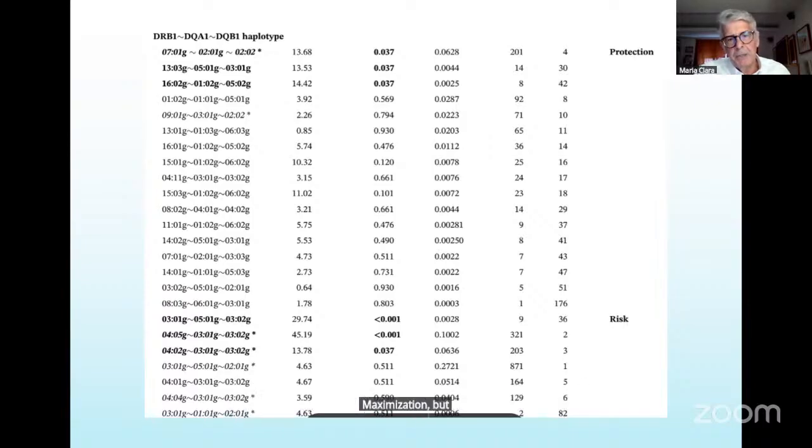Here we made this calculation, and we explored this combination, and we sorted out 0301, 0501, and 0302. Of course, there is a very important risk, as we well know from the previous study, and it also sorted out the 0405, 0301, 0302 that was already mentioned, and 0402, 0301, and 0302 as risk for the onset of this disease.